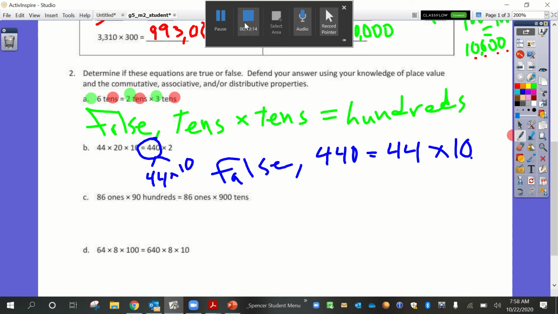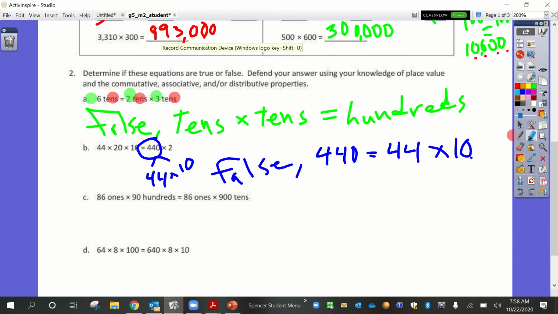I'm going to pause it real quick. All right, I'm back. Let's keep working and see how we do on this. The next one says 86 ones times 90 hundreds is equal to 86 ones times 900 tens. Okay, so let's think about this. Well, 86 ones and 86 ones, that's the same.